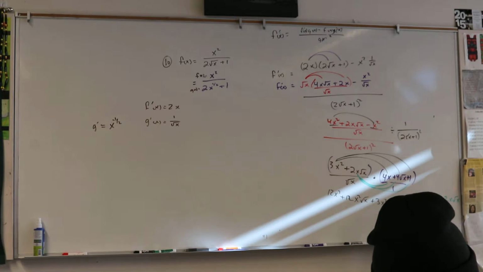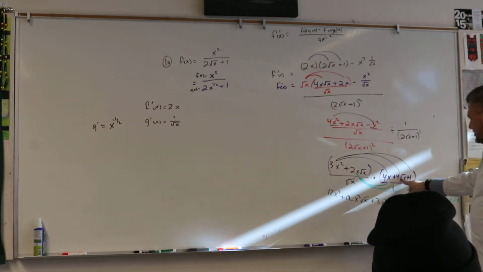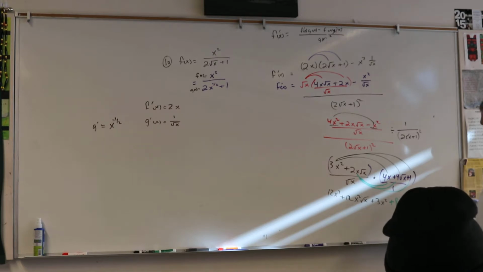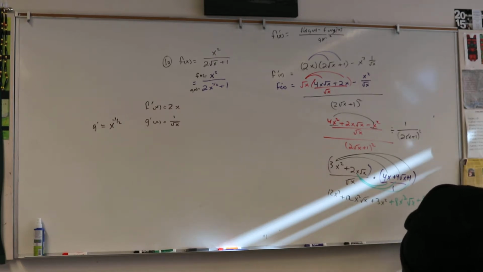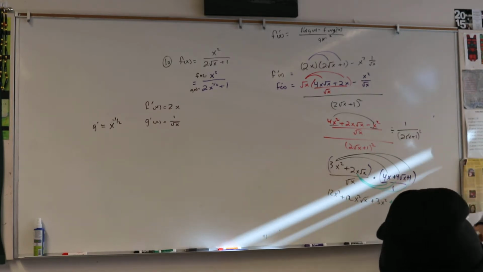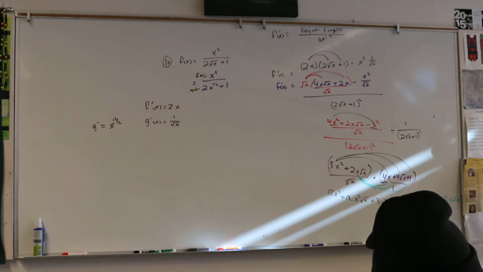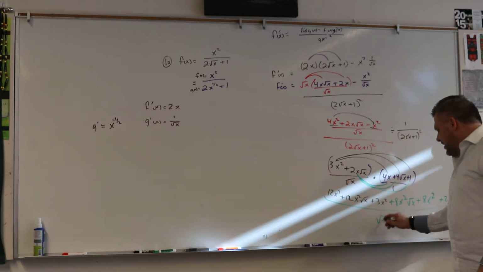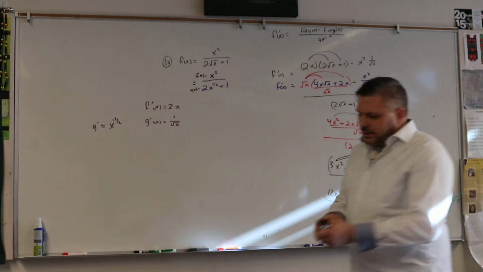Wait a minute, hold on, that's not right. 8x squared. Sorry about that. Because this square root makes an x, and then the x times the x is an x squared. I knew that couldn't have happened. So there we go. All over square root of x. All right.